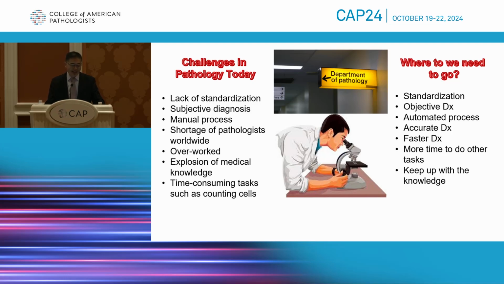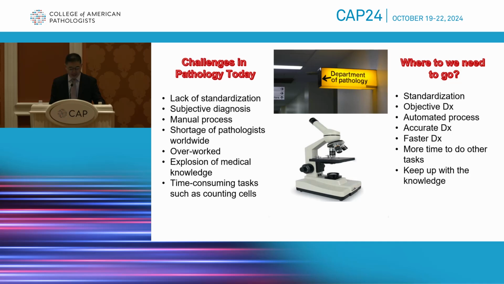Then there are many manual processes, like counting mitoses and quantifying biomarkers, and also, again, a shortage of pathologists. We have to work long hours. So hopefully in the future the AI can help us relieve these challenges, such as standardizing all these processes and giving a very objective diagnosis. We don't need to rely on experts' opinions anymore, right?